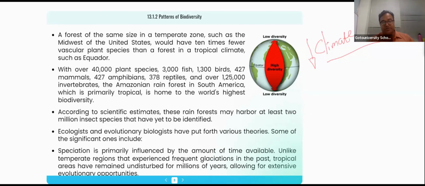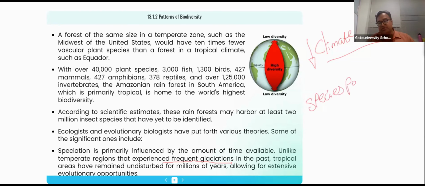Unlike the temperate region, which experienced frequent glaciation in the past. What do you mean by frequent glaciation? Sometimes you say precipitation, sometimes you say glaciation, sometimes you say destruction in the temperate region. What do you mean by that?